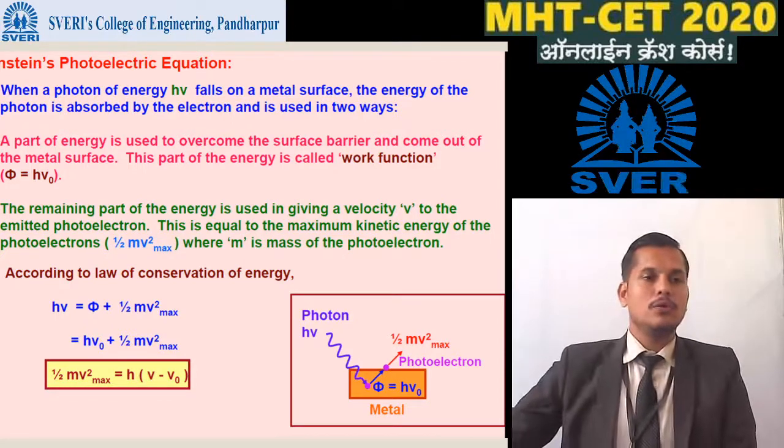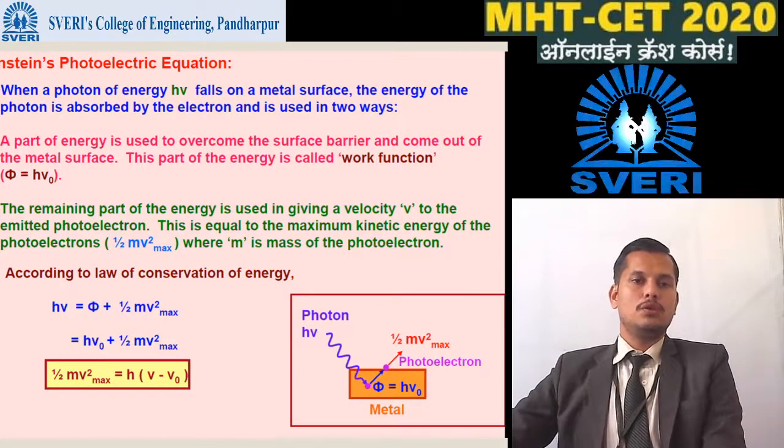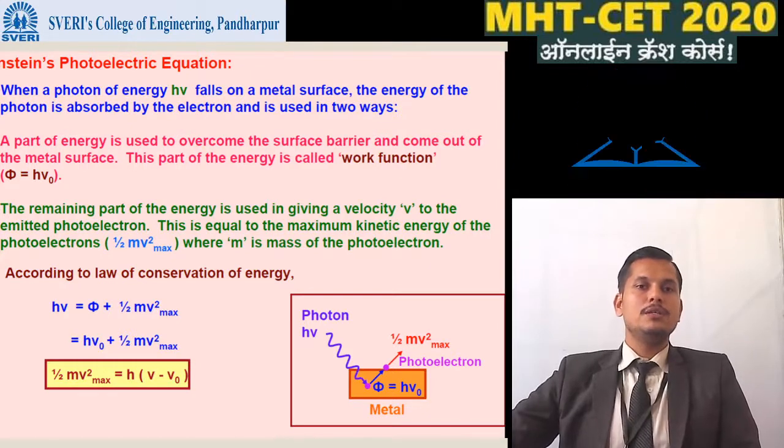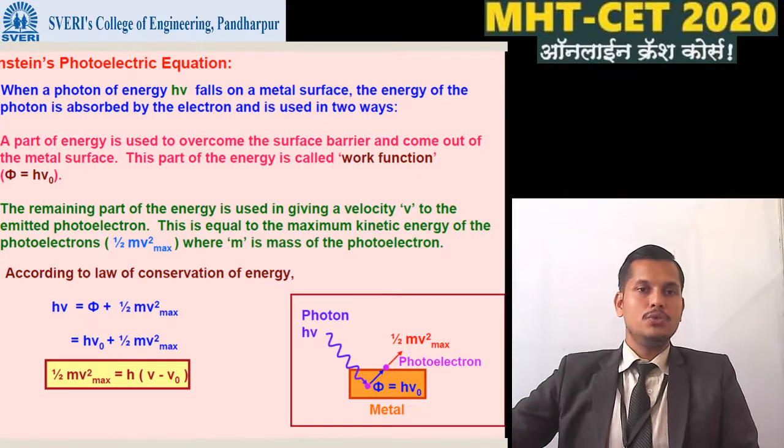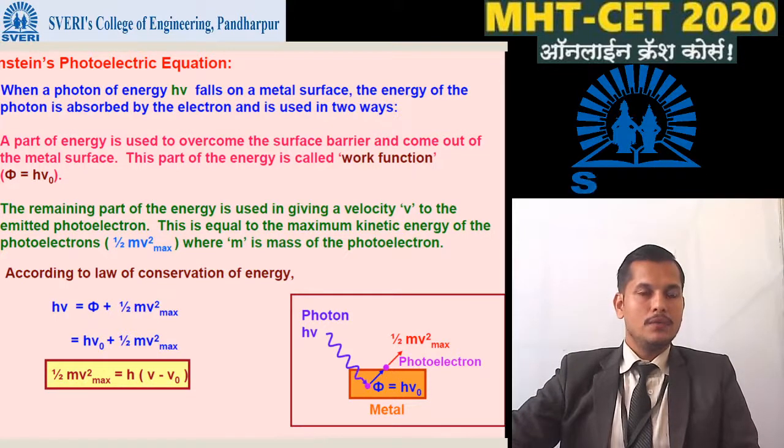When a photon of energy h nu falls on a metal surface, the energy of the photon is absorbed by the electron and is used in two ways. First, a part of energy is used to overcome the surface barrier and come out of the metal surface.